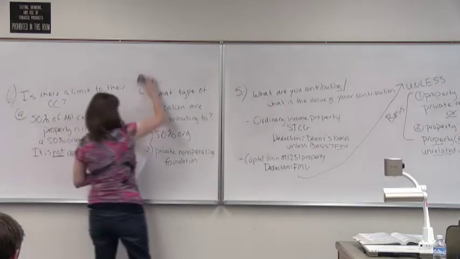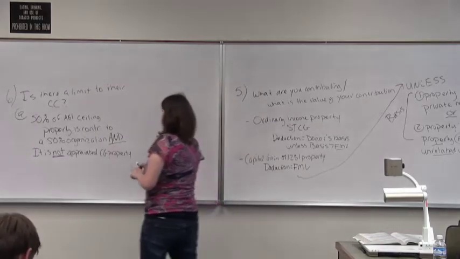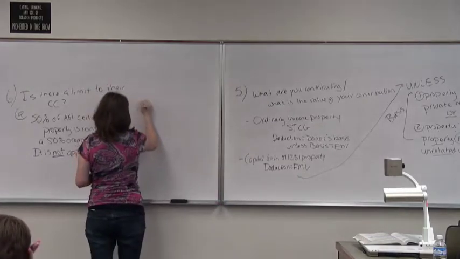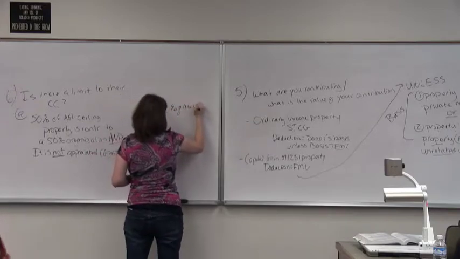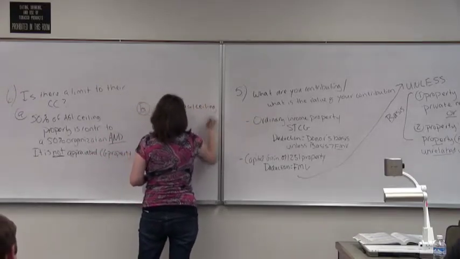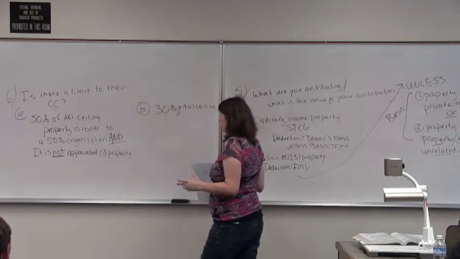I'm going to erase this. Second ceiling, the 30% of AGI ceiling. This applies in really 2 circumstances.